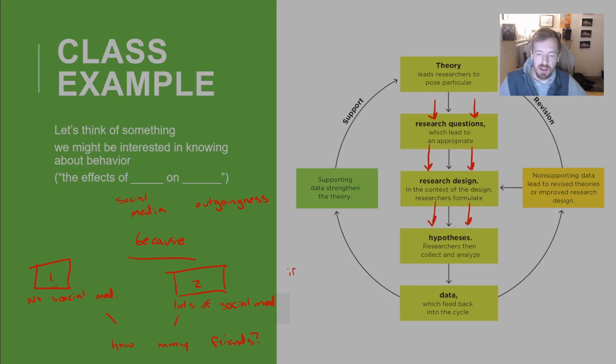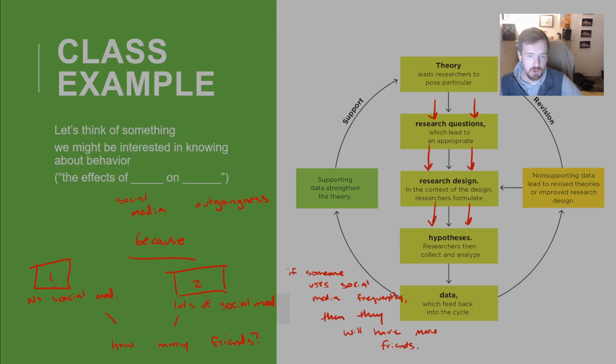So we would say, if someone uses social media frequently, then they will have more friends. And then if you wanted to, you could say because social media trains people's social skills or something like that, if that is your theory.